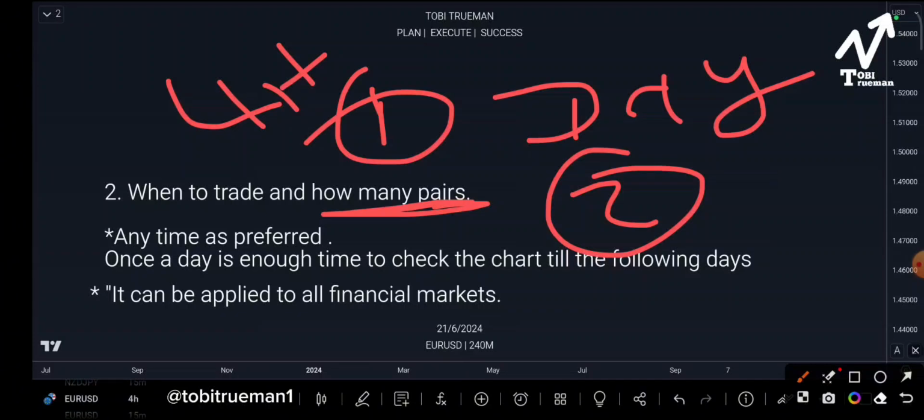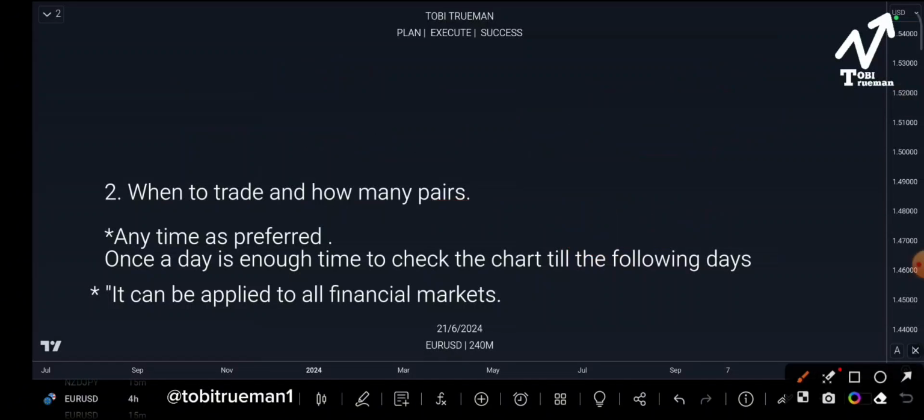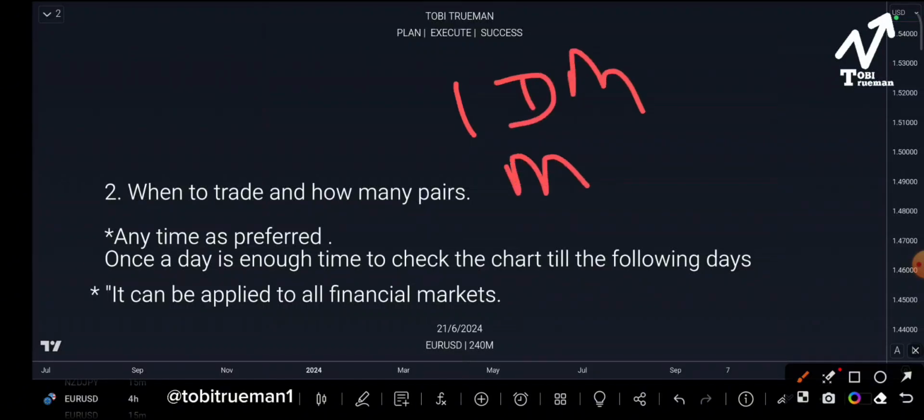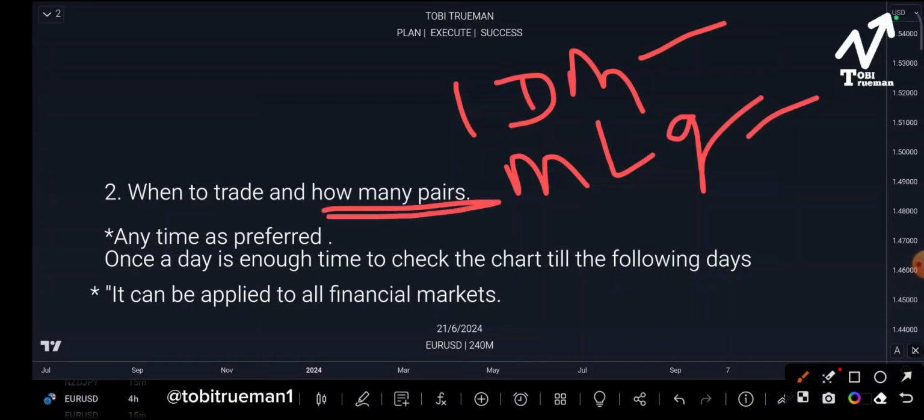So looking at one pair may not be advisable, except you have a lot of strategies you are applying. But since in this free video I'm making, you have only 2 entry points, at inducement, which is IDM, and at market structure liquidity, since these are just the 2 entry signals, you have to be looking at as many pairs as possible.